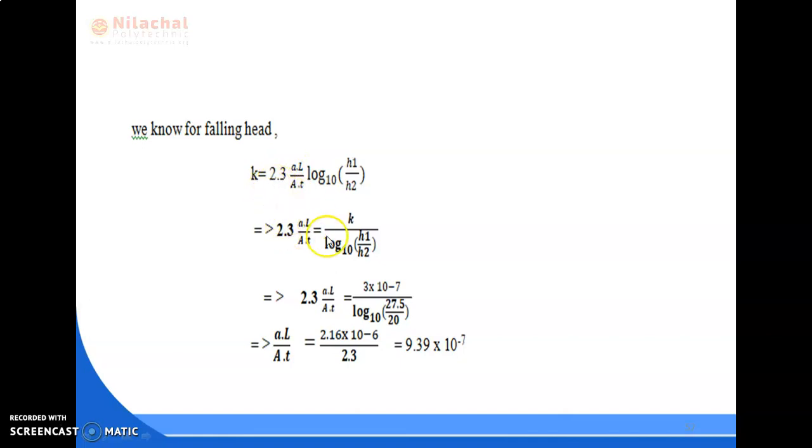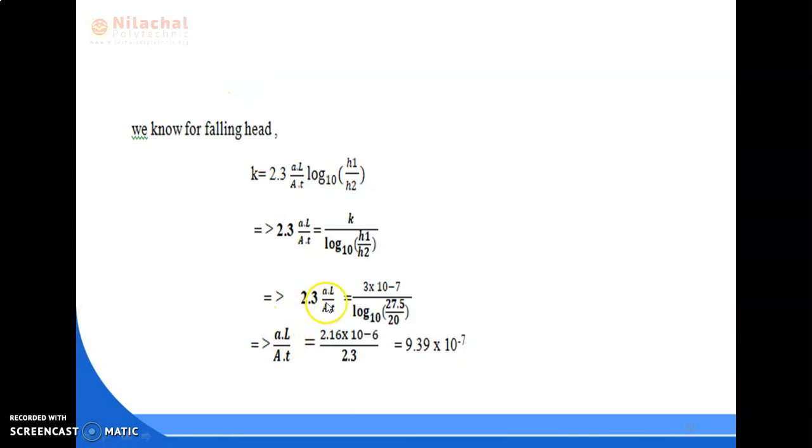It is your choice how you calculate it. This is the only formula you have to put, but you have to solve using your own method, however you are comfortable. So here I cross multiply it: 2.3 aL by At equal to K by log base 10 H1 by H2.